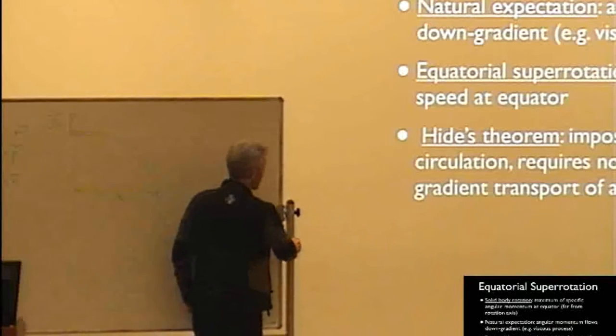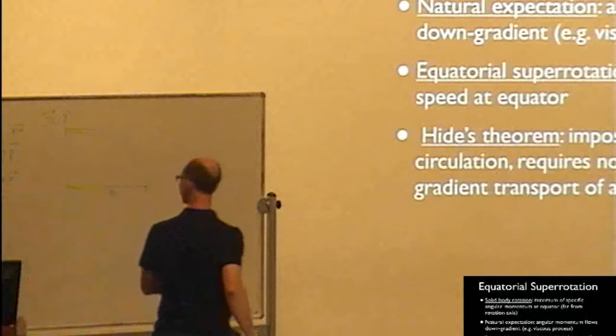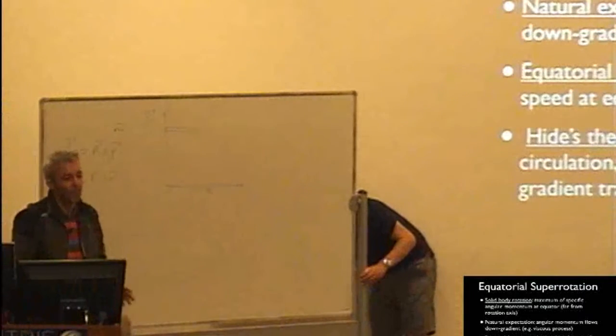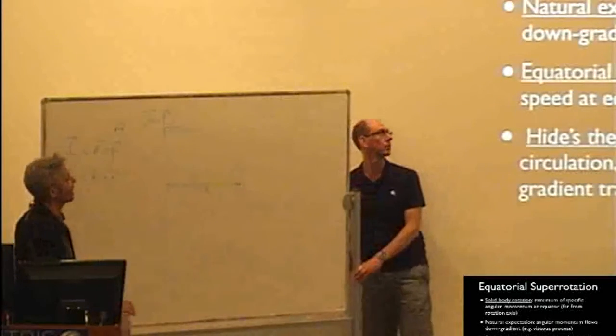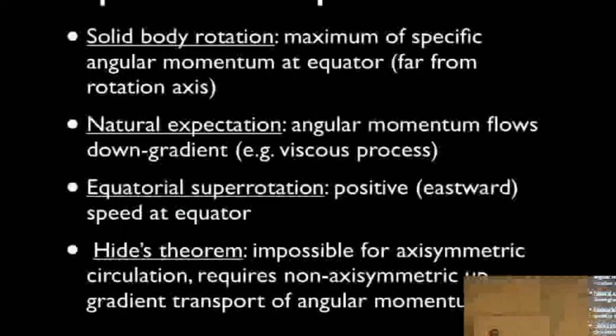And so the natural expectation is pretty simple. The natural expectation one would have is that angular momentum will flow down gradient. The meaning of that is that angular momentum will flow from the maximum of angular momentum to a minimum. Why is that a natural expectation? For instance, if you have anything that works like a viscosity, this is the way you would typically expect it to go.